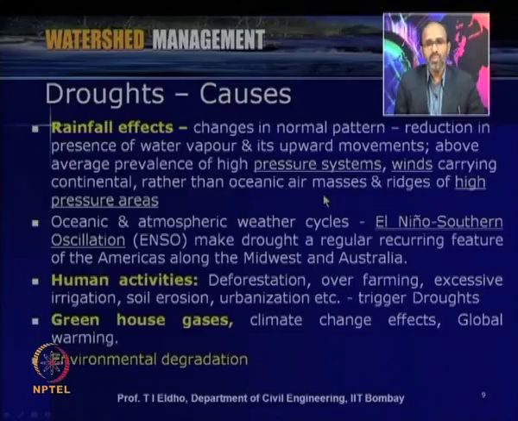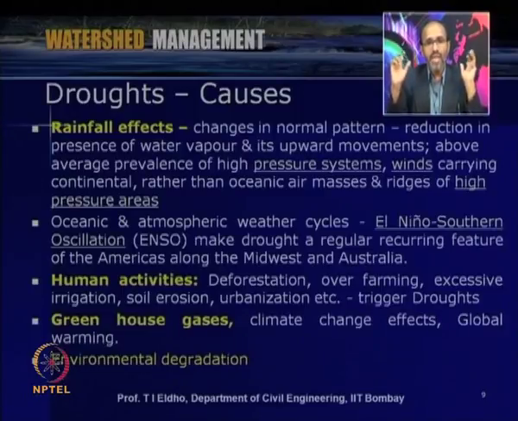Oceanic air masses mean there will be more vapor in the air masses, but if it is coming from the continent, then there will be less vapor. So the possibility of rainfall will be reduced, and then ridges of high pressure areas. So the main cause is less rainfall taking place.